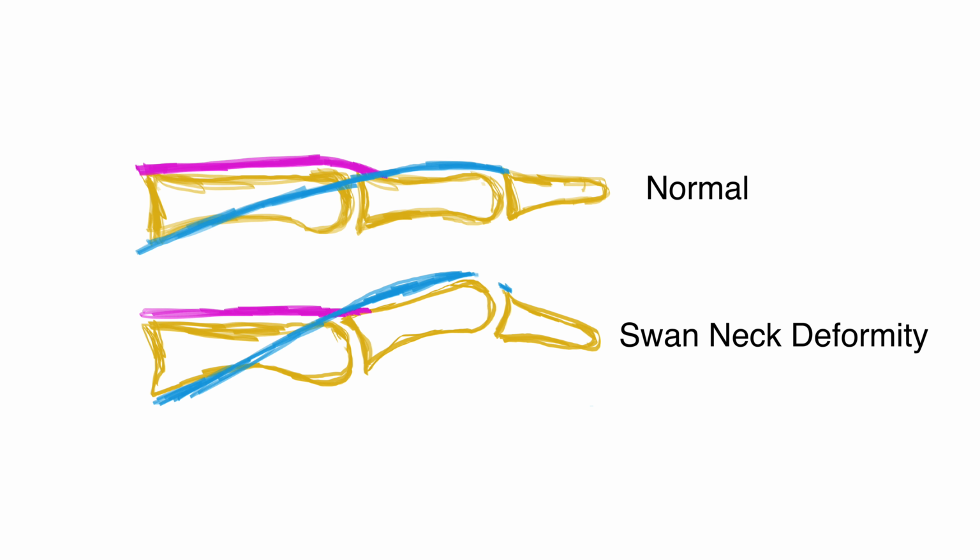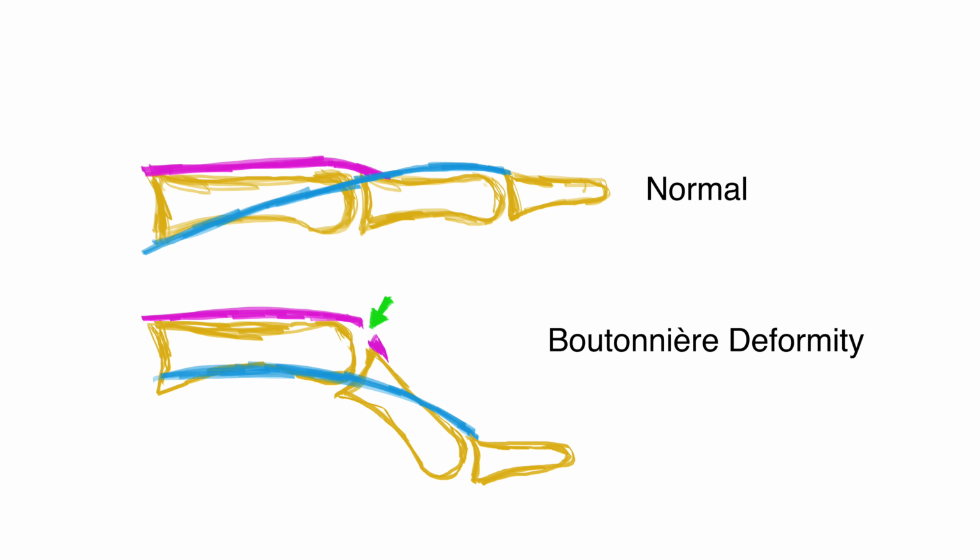So once again, the swan neck deformity causes a hyperextension of the PIP joint while causing a flexion deformity of the DIP joint, which is in contrast to the boutonniere deformity, which causes a flexion deformity of the PIP joint and a hyperextension deformity of the DIP joint.